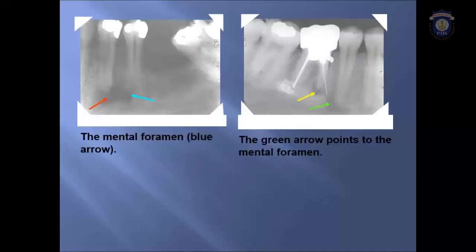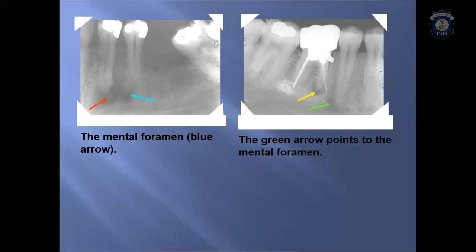Here the red arrow shows a periapical lesion associated with the mandibular premolars, and it should not be mistaken for the mental foramen. It can be confirmed by taking a vitality test for the mandibular premolar, and you can see a very deep restoration in the mandibular first premolar. In the first premolar, the lamina dura is also absent, and there is a periapical lesion associated with it.